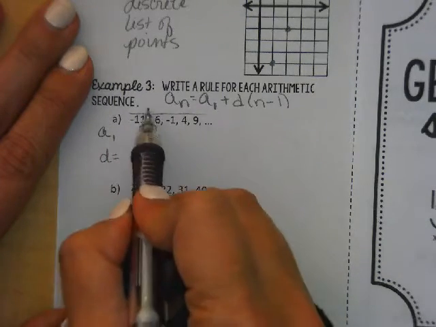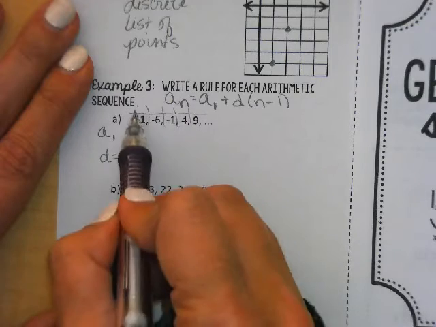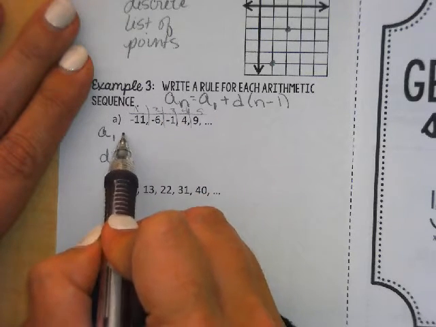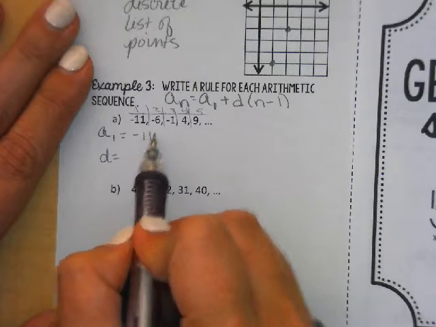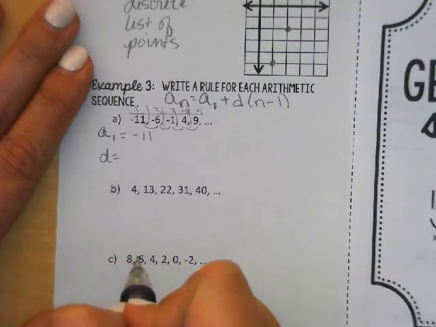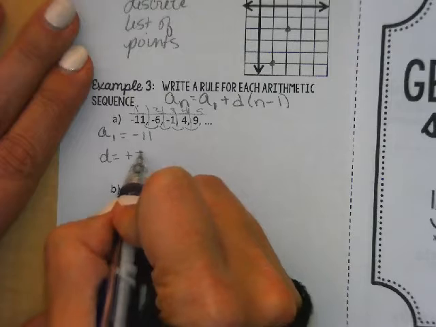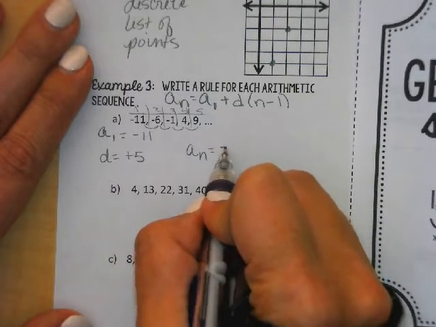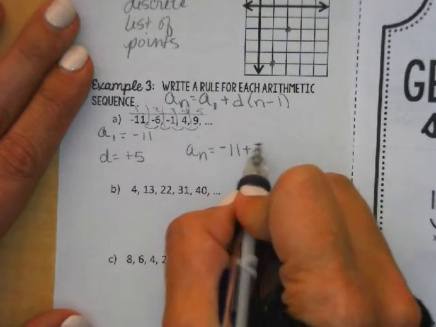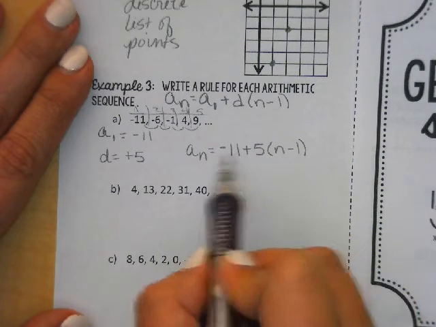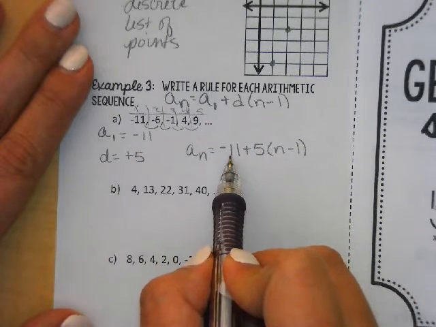Negative 11, right? Because we're going to make our little table. 1, 2, 3, 4, 5, all that. So negative 11. What's my common difference? Positive 5. So when I write my rule, a sub n is equal to negative 11 plus 5 times n minus 1, where this is my common difference and this is my a sub 1.